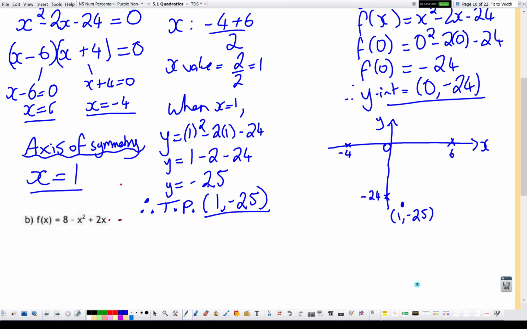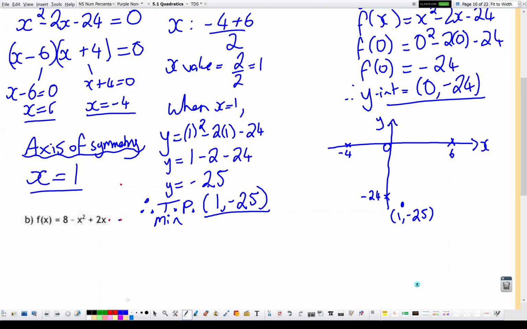Now it is an x squared graph, therefore the nature is a minimum turning point. So what we should have probably said in the turning point is this is a minimum. It's a happy face parabola, meaning there's a minimum turning point, which just means we've got a happy face shape.